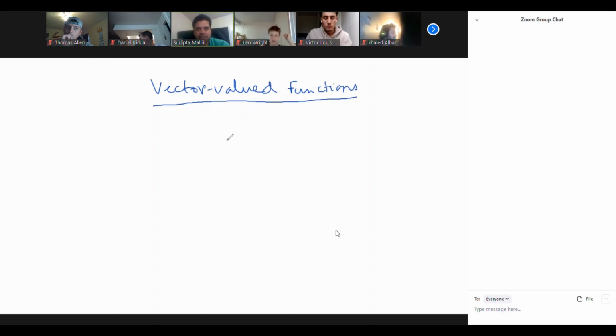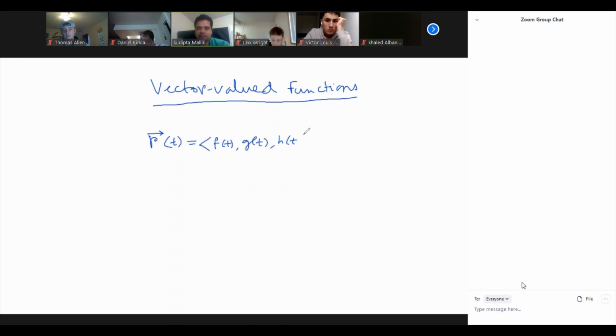So what is a vector valued function? It looks like this. This is a vector which depends on t, and you have three coordinates. Each is a function of t.